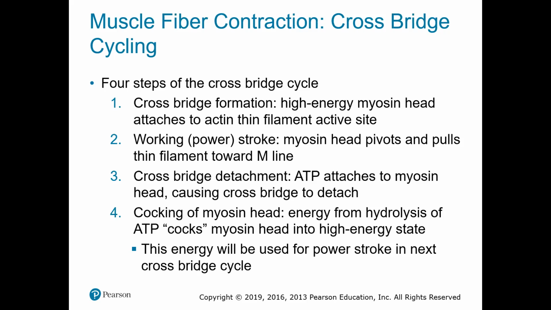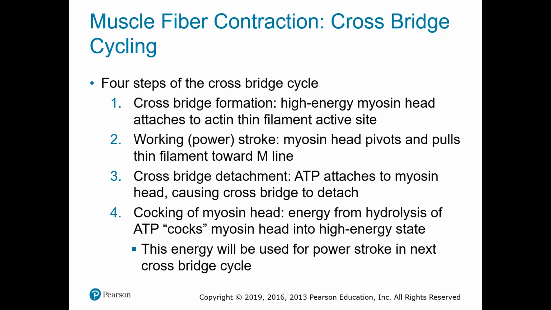Once they attach to the actin, they will pivot forward and they will pull the actins over top of the myosins. This is why we call it the sliding filament model, because the thin filaments actually slide over top of the thick filaments. So that's the power stroke.